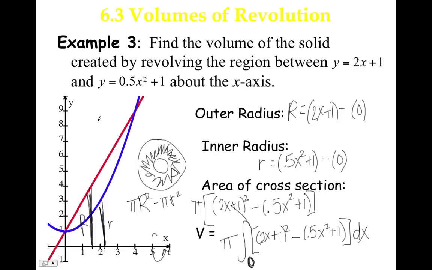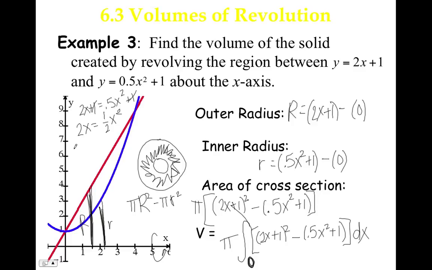Now, the second time that they intersect, I'm going to do a little bit of side math over here. 2x plus 1 is equal to 0.5 x squared plus 1. I'm going to subtract 1 from each side, and I get 2x is equal to 1/2 x squared. And so obviously x equals 0 is a solution to this.